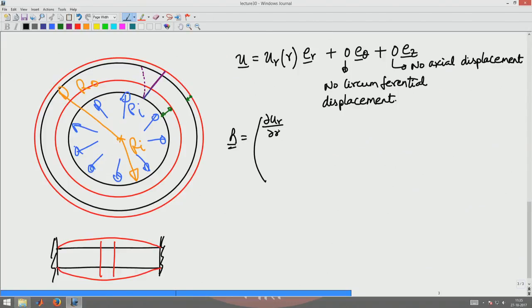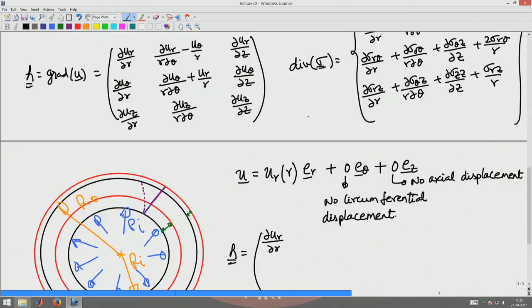from that expression in here, dou u r by dou r is the only non-zero component. Here, u r as a function of theta is not there, so this is 0, u theta is 0, and this is also 0 because it is not a function of z.